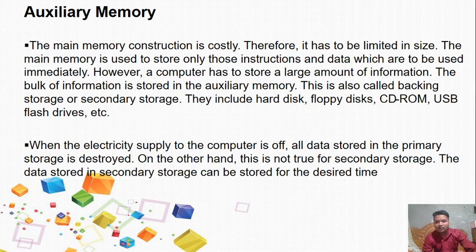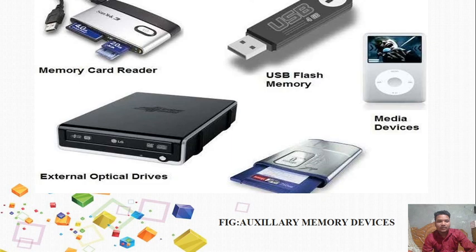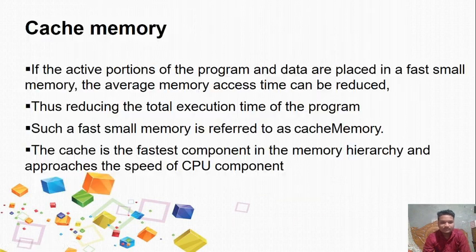This is also called backing storage or secondary storage, including hard disks, floppy disks, CD-ROM, USB flash drive, etc. Here you can see some auxiliary memory devices: memory card reader, USB flash drive memory, media devices, external optical drives, and so on.